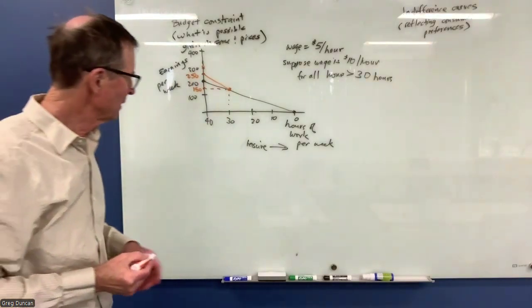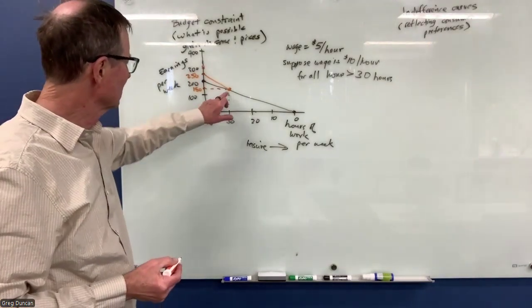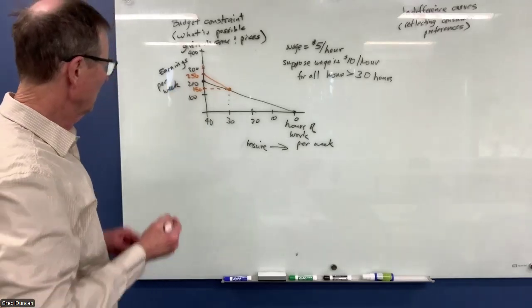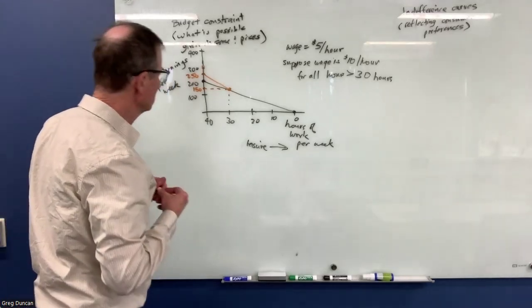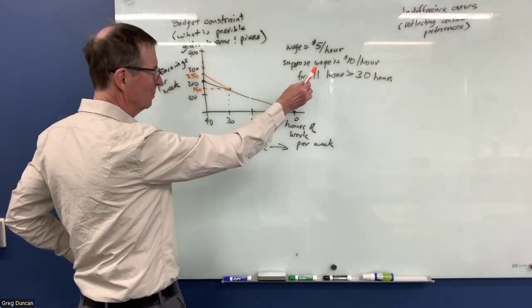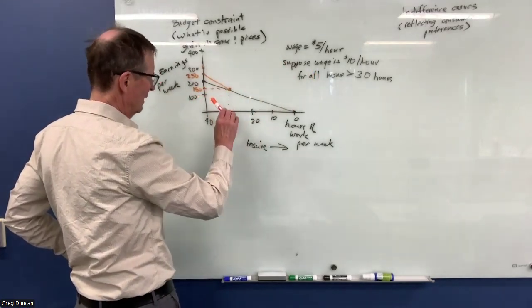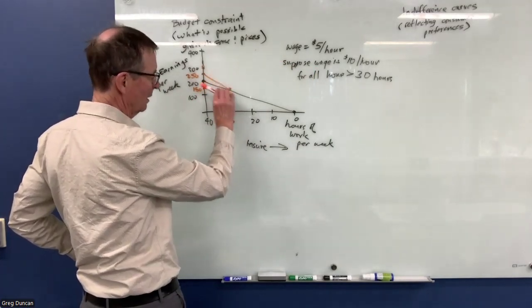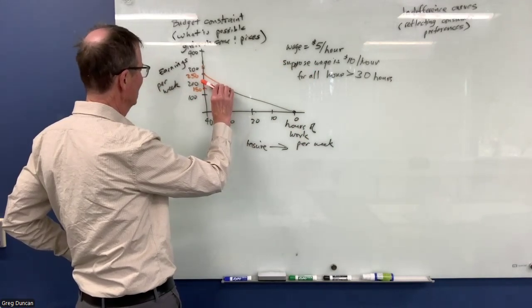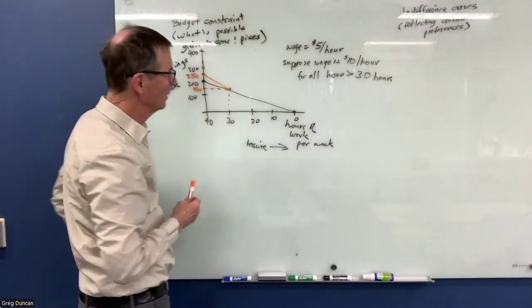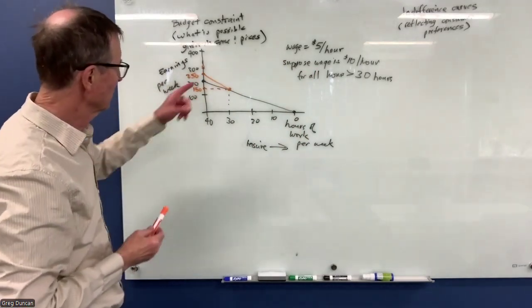So the budget constraint is going to have a kink at $30 an hour, and it's going to reflect the fact that this extra higher price for overtime work is expanding our consumption possibilities, our leisure possibilities, and earnings possibilities, as reflected by the new portion of the budget constraint.